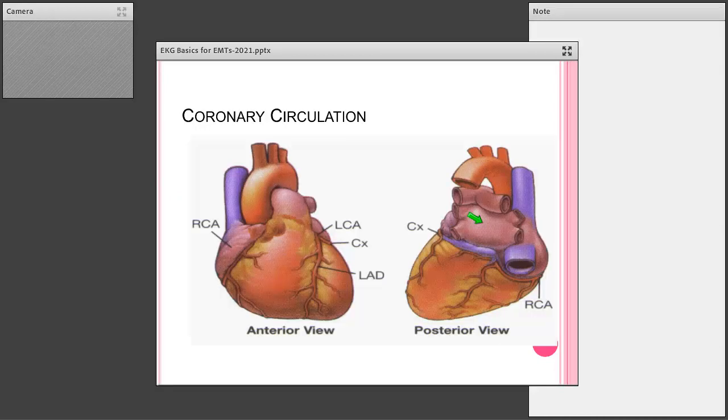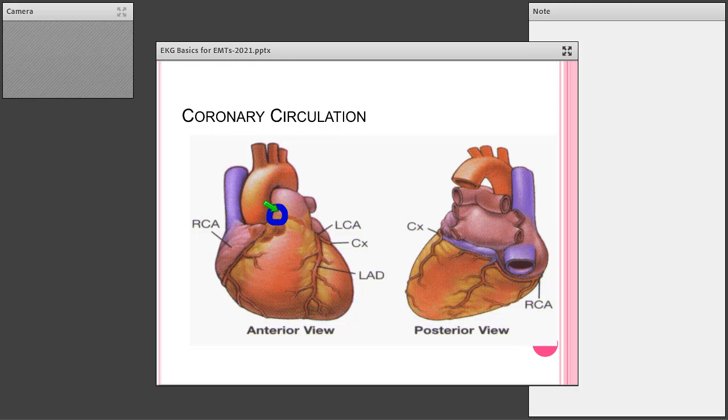Okay, so looking at some blood flow through the heart, we've got the coronary arteries that branch off the very base of the aorta right here. They get their blood supply on diastole when the heart is refilling with blood and the pressure is lower.